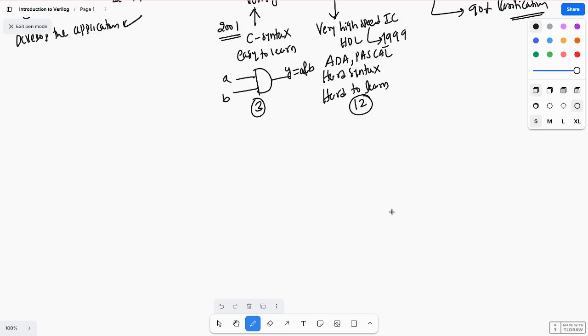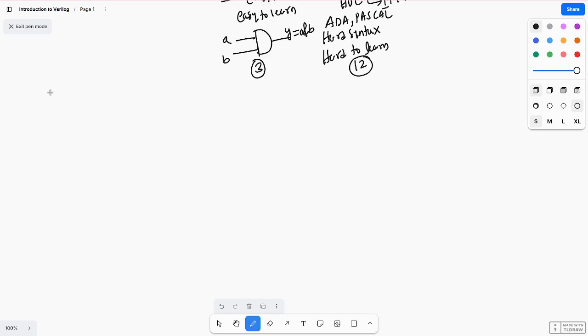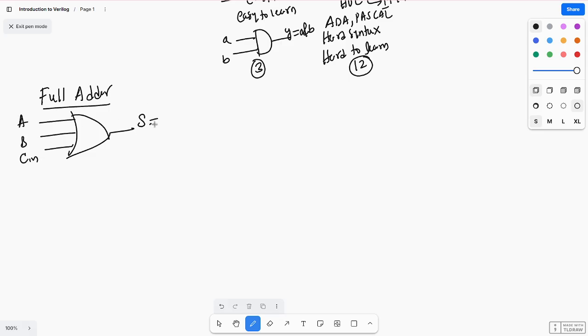Next, in digital we already seen the full adder. It consists of three inputs: A, B, and C in. You know that sum equals A XOR B XOR C in. If you write the code in HDL, there are some EDA tools.